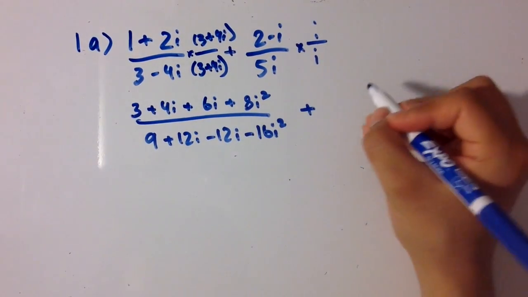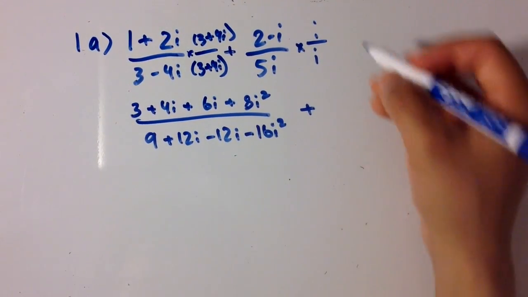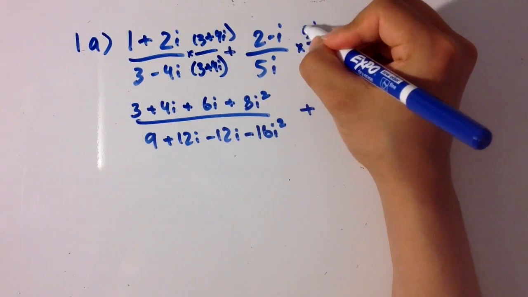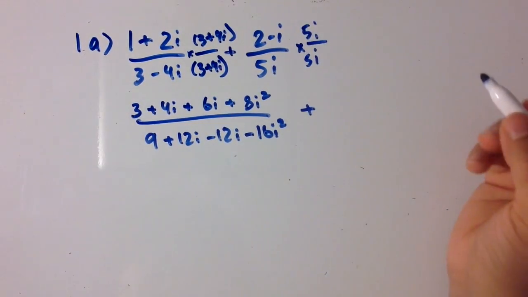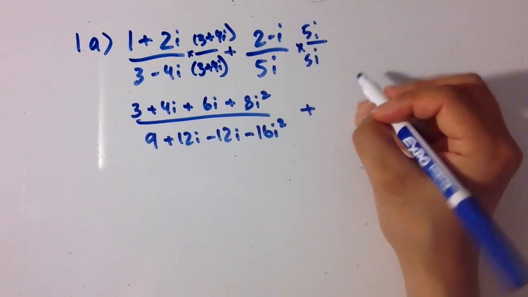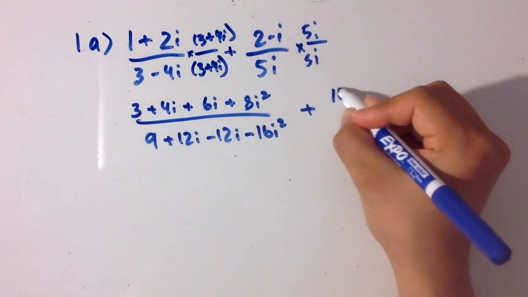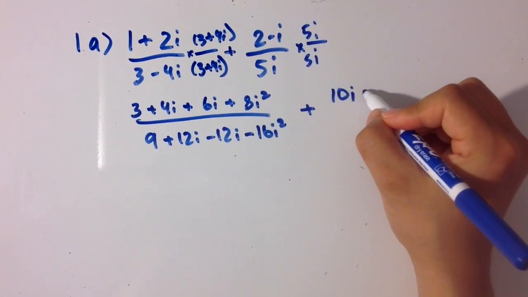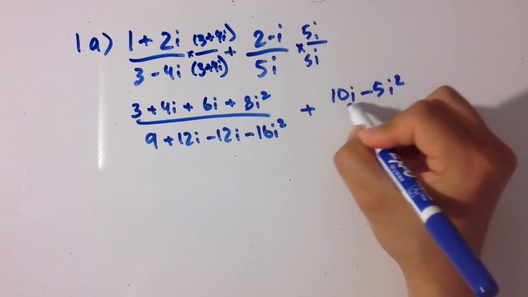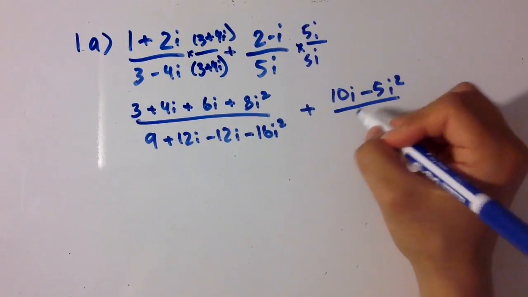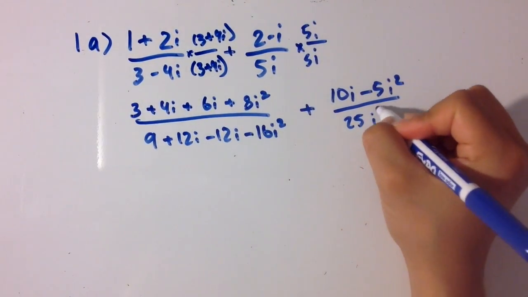And then for the other term, actually, let me multiply it by 5i to make the denominators work out nicely. So we get 10i minus 5i squared divided by 25i squared.